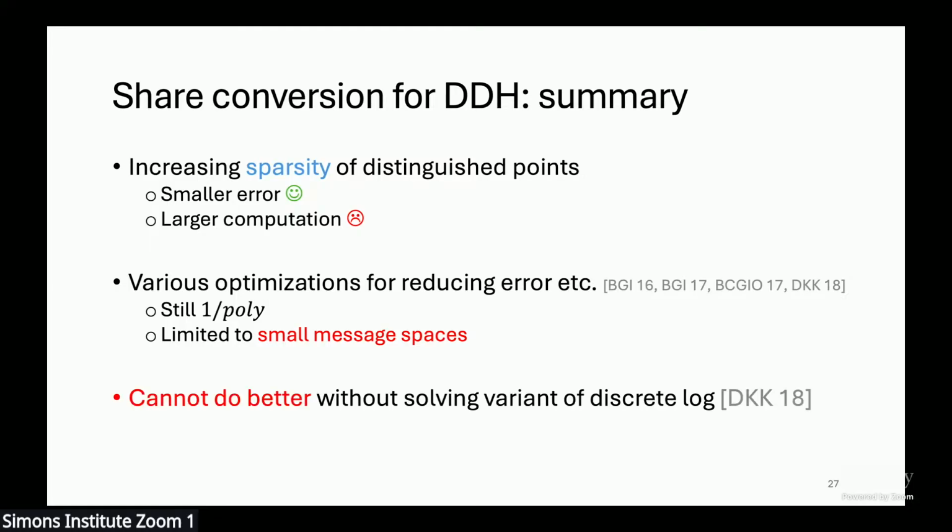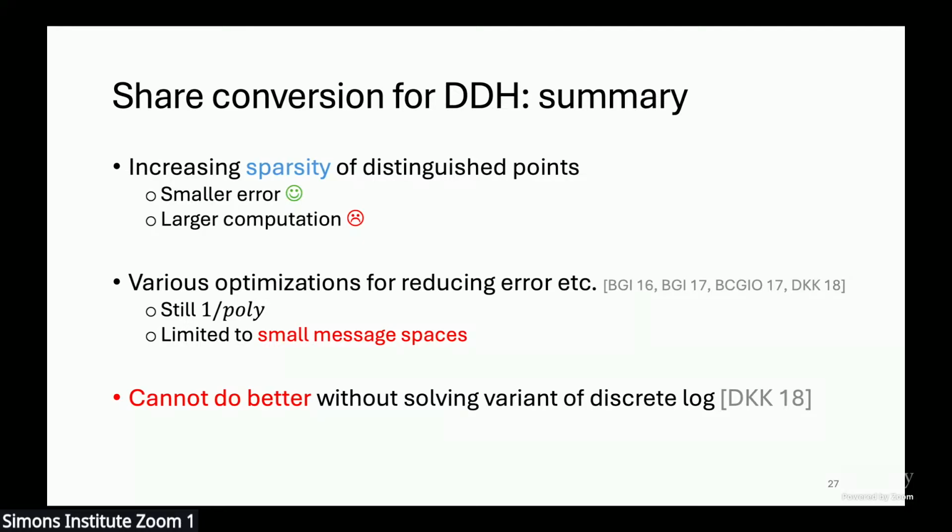And in fact, there was a paper from Crypto 2018 which showed that if you want to solve this problem, then you basically can't do any better than this 1 over poly failure probability from this line of papers without solving some variant of discrete log with a small exponent assumption.